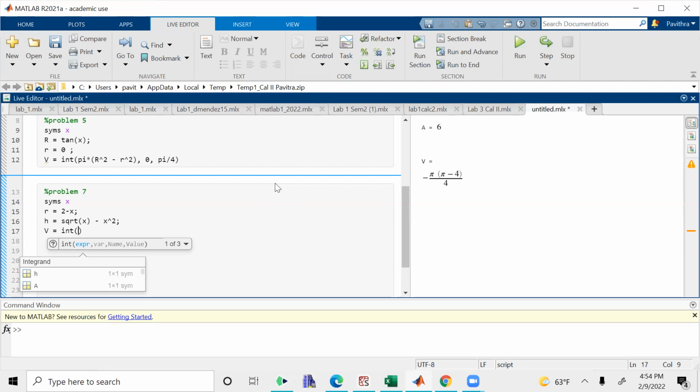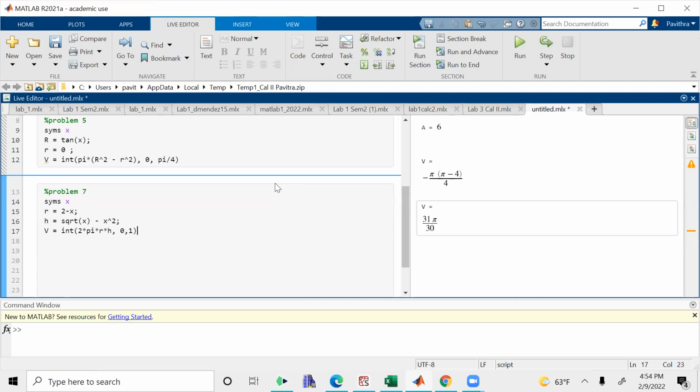That was the formula for problem 7, right? Using a different method. So circumference is 2 pi r. So 2 into pi into r into h. Okay, comma, limits are from 0 to 1. You can refer to that problem. Control enter.